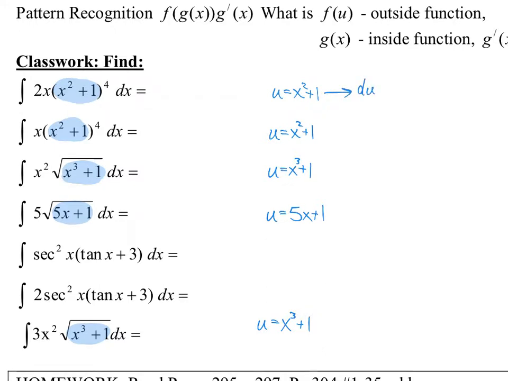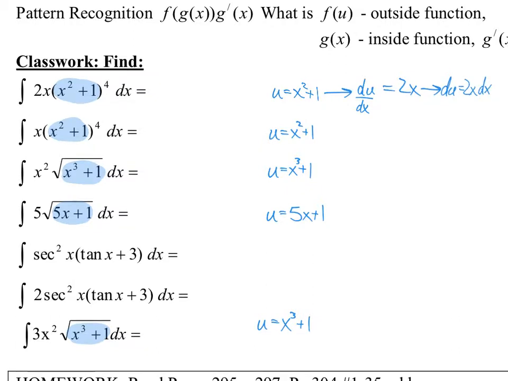Now remember, it's du dx equals the derivative. So the derivative there would be 2x. So that's du over dx equals 2x. So what's du equal? 2x times dx. So we multiply by dx. Du is 2x dx.